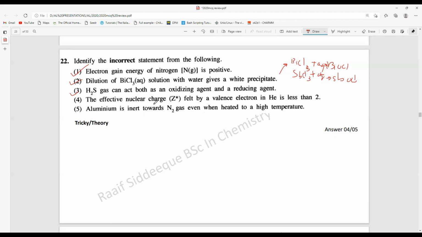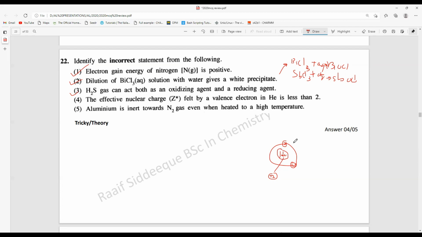The effective nuclear charge Z felt by the valence electron of helium is less than 2. In fact, I think I have explained this type of question before. Helium has 2 electrons in the first shell and 2 protons. You also need to understand that there are neutrons here as well, which do not have any charge.